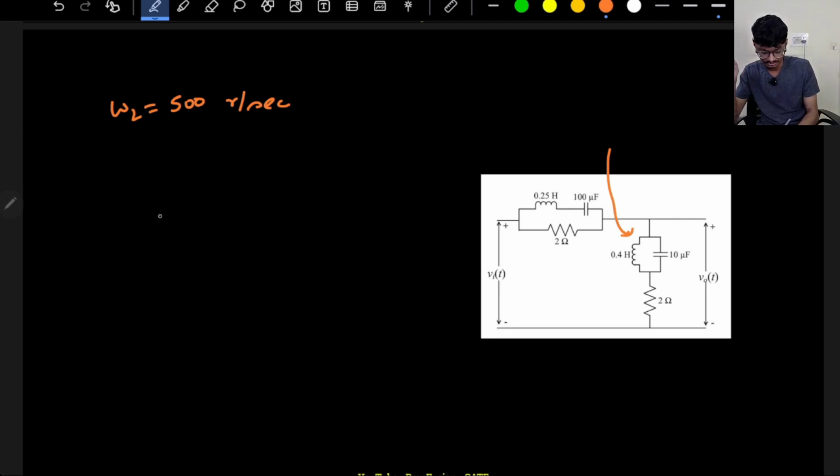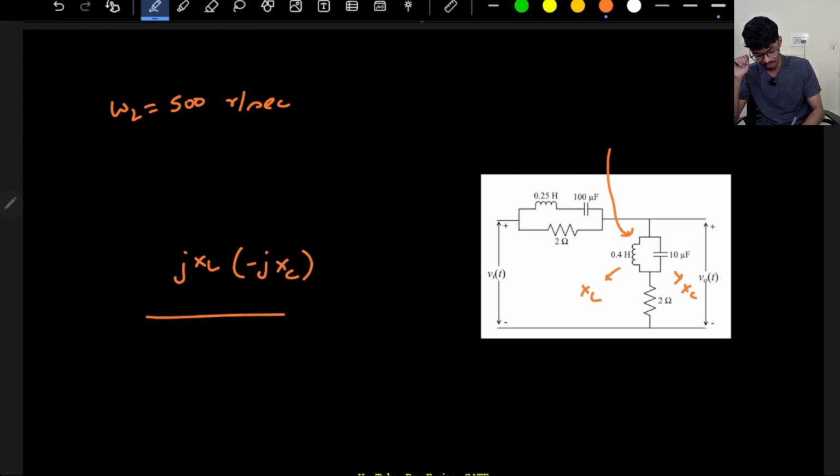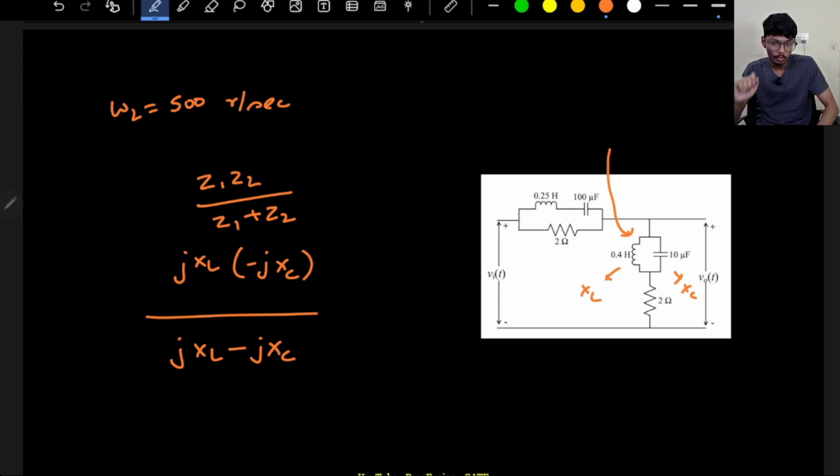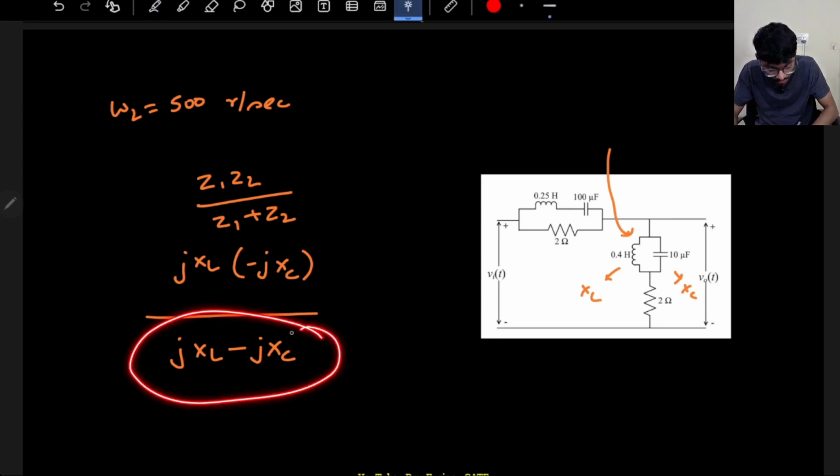Let's say this is giving XL and this is giving XC, correct? So it will be j XL into minus j XC divided by j XL minus j XC. It is basically that formula, Z1 Z2 divided by Z1 plus Z2, the parallel formula. So let's check if this denominator is going to 0 or not.